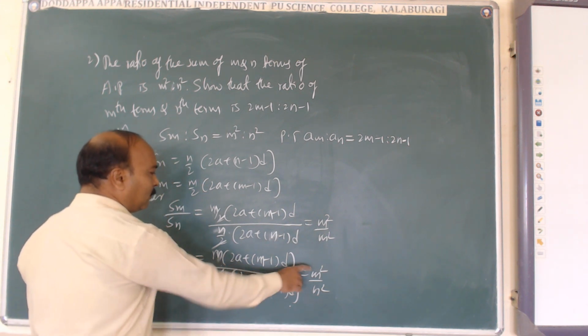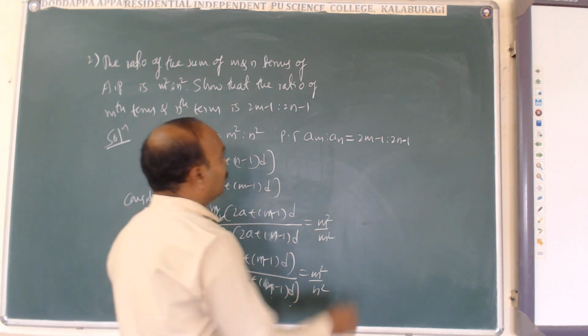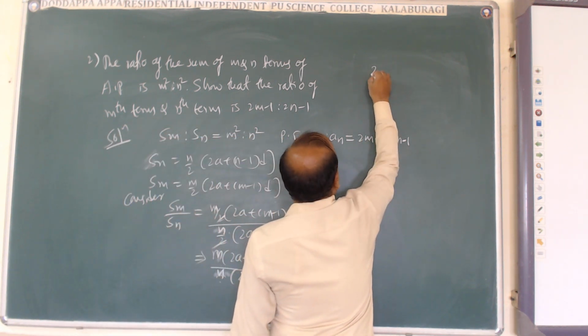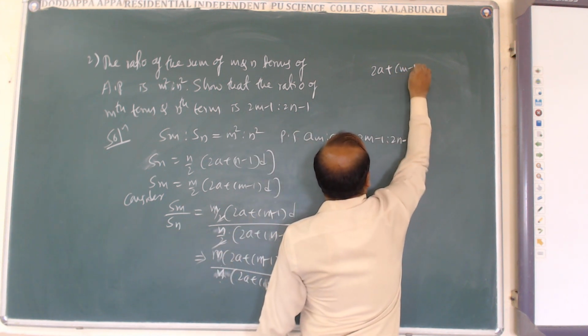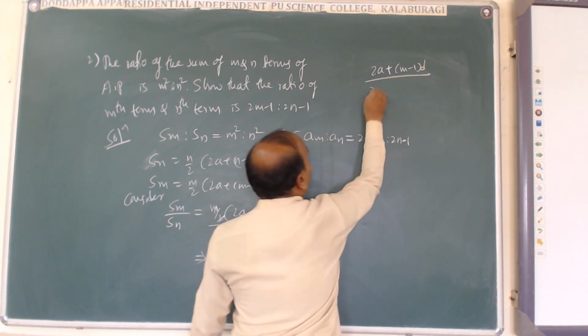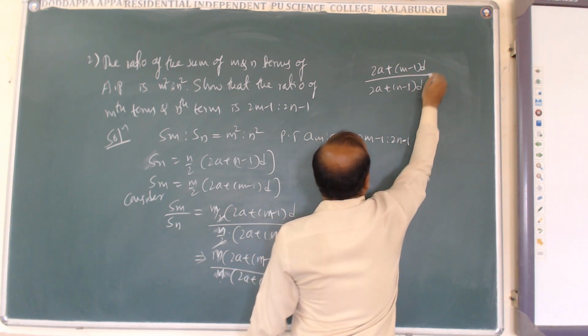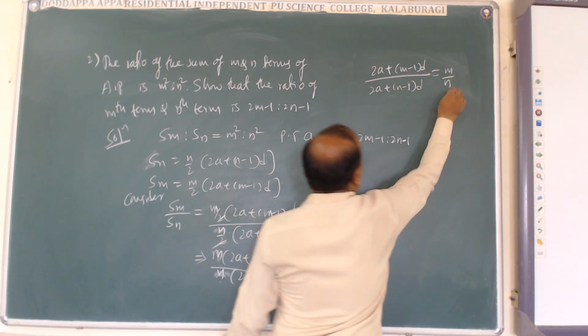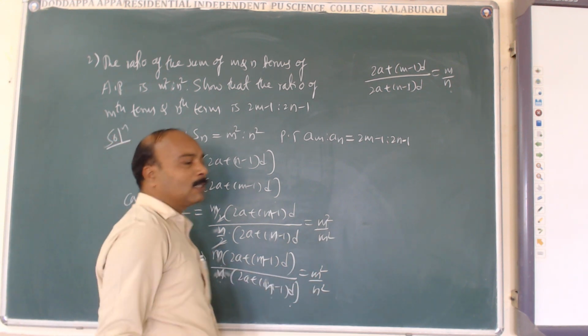We cancel one m and one m, and one n and one n in the denominator. We get 2a plus m minus 1 into d divided by 2a plus n minus 1 into d equal to m by n, because this m cancels and this n cancels.